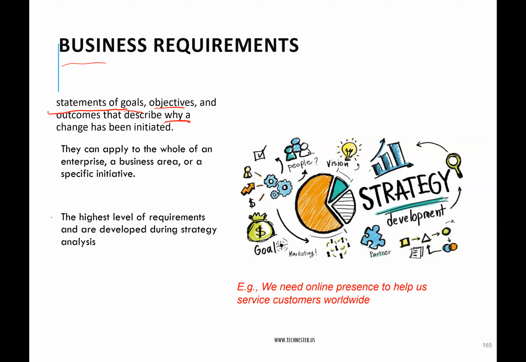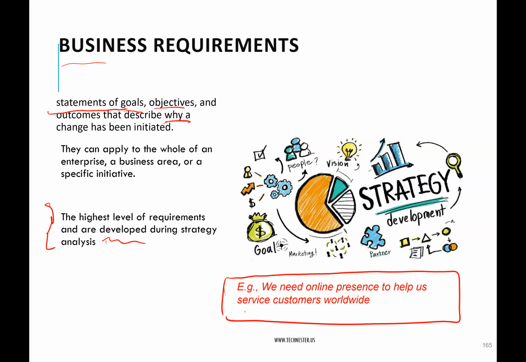So your business requirement will represent your highest level of requirement. Again, this is given birth to during strategy analysis, right? As you continue to refine your business need, you get your business requirement. Now, an example will be something like this: we need online presence to help us service customers worldwide.